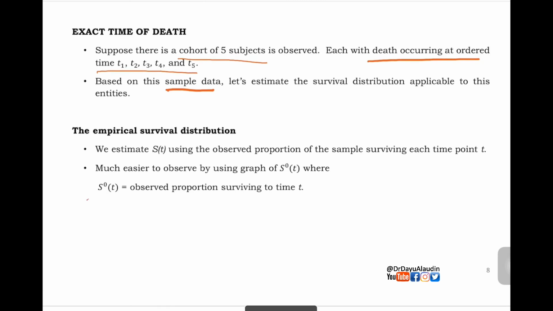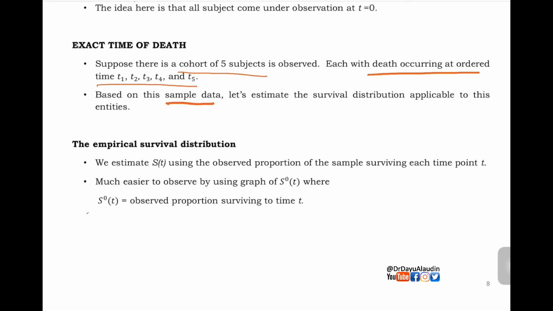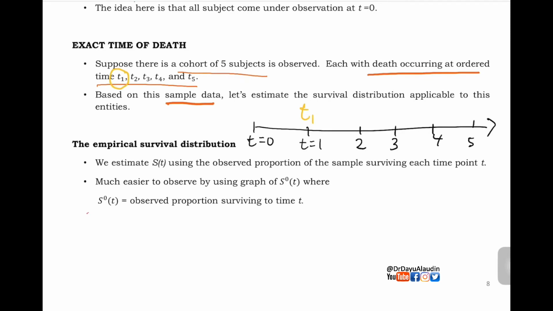So if we draw the timeline, T equals 0, T equals 1, 2, 3, 4 until 5. So the observation period is until T equals 5. For example, at t equals 1, the first person dies. T1 denotes the first subject.